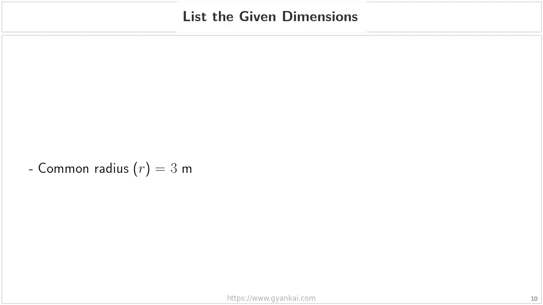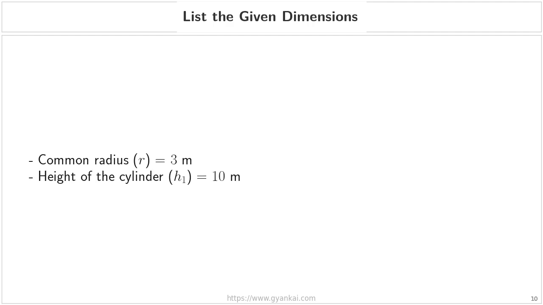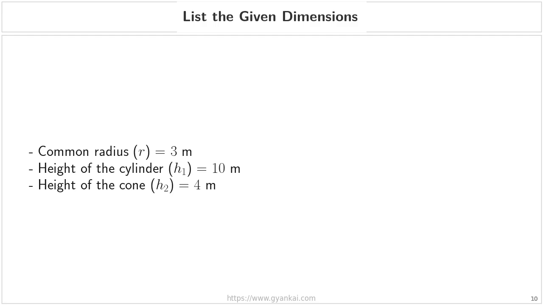This is a very important detail because it means the base of our cone and the base of our cylinder are identical. Next, we have the height of the cylindrical part, which we'll label as h sub 1, and that is 10 meters. Finally, we have the height of the conical roof, which we'll call h sub 2, measuring 4 meters. Keep these values in mind, as we are about to use them in the next step to calculate the volume of each part separately.